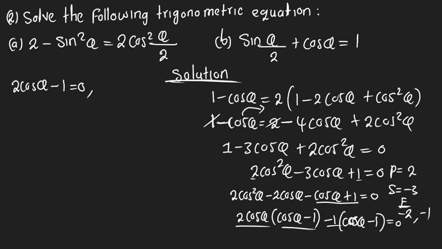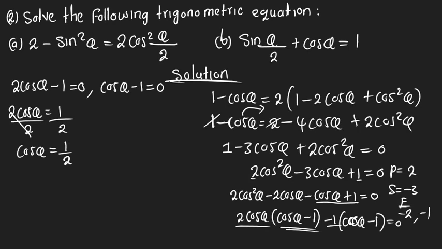The second equation is this one, which is inside, which is cosine theta minus 1 equal to 0. Two equations, guys. So now we can say 2 cosine theta is equal to 1, over 2 over 2. So this is going to be cosine theta is equal to half. The other side is going to be cosine theta is equal to 1.